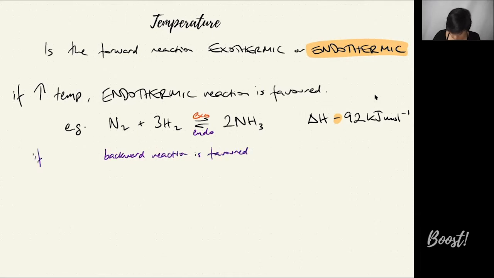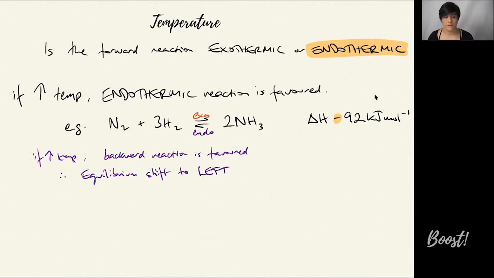Let's say if we increase the temperature, backward reaction is favored, therefore equilibrium will shift to the left. Will shift to the left-hand side, or we could say shift towards the reactants.